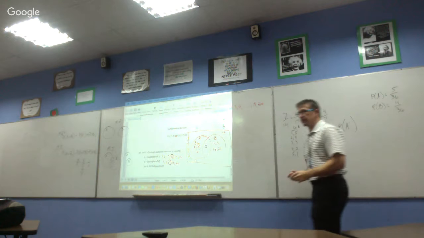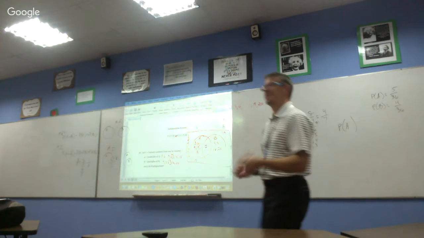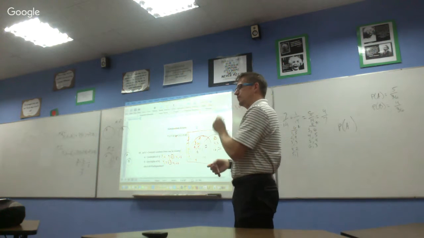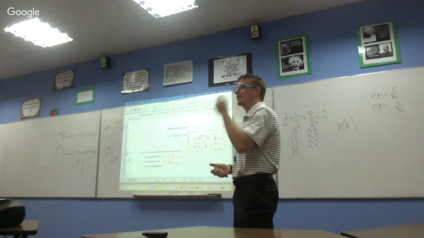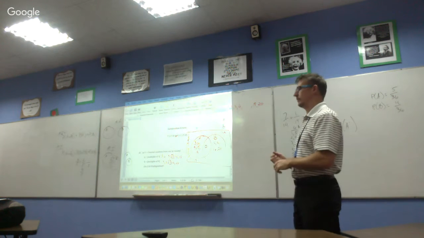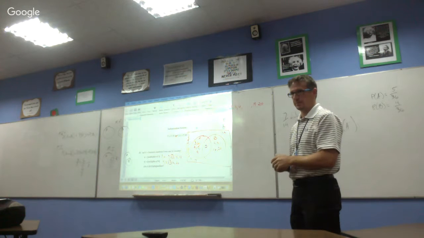So we've correctly placed all of these values. I know I didn't ask for that, but it's good practice because you will be asked to correctly place all of the values in an example like this.